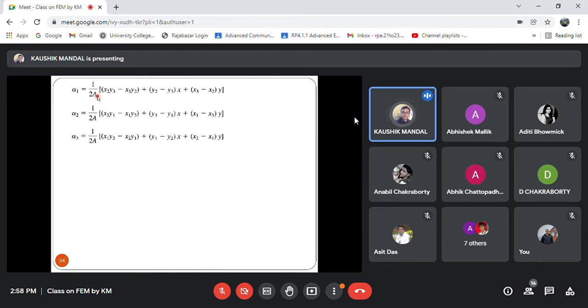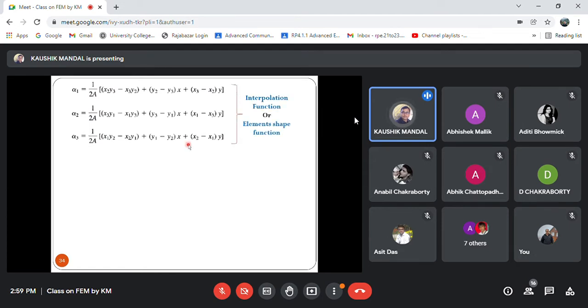Alpha 1 will be equal to 1 by 2A. If you consider the previous matrix form of the equation VE, then alpha 1 will be equal to 1 by 2A of this, alpha 2 will be equal to 1 by 2A of this, and alpha 3 will be 1 by 2A of this.